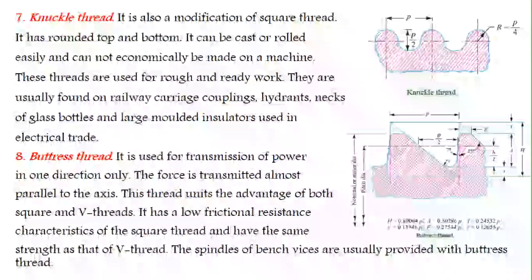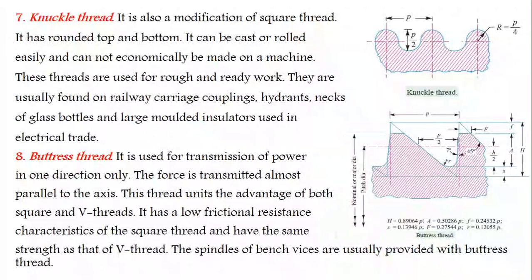This thread unites the advantages of both the square and V threads. It has the low frictional resistance characteristic of the square thread and the same strength as the V thread. The spindles of bench vices are usually provided with buttress threads.